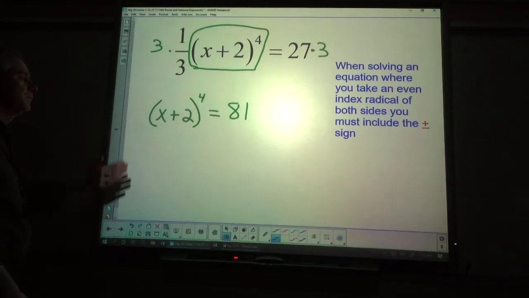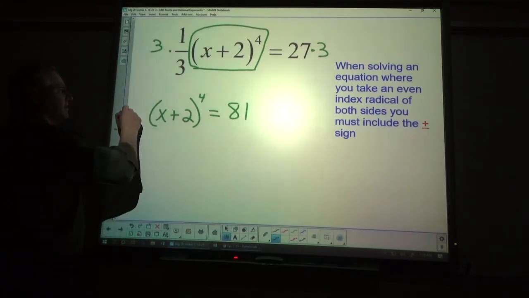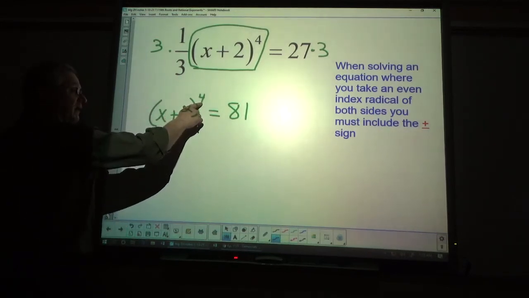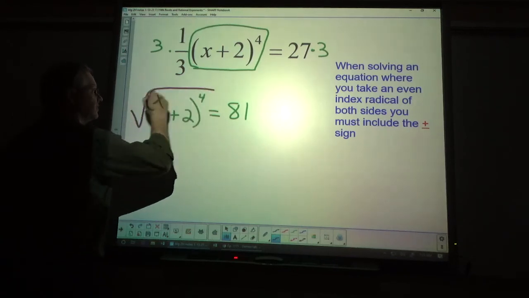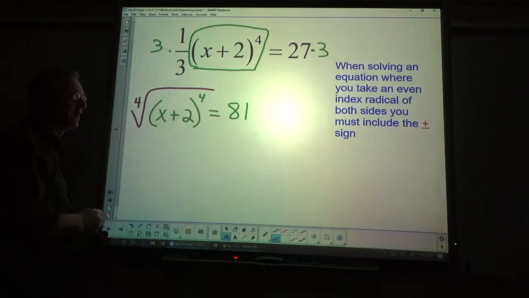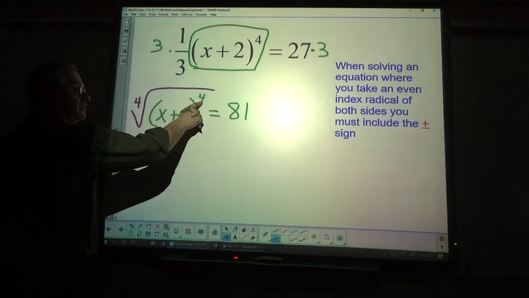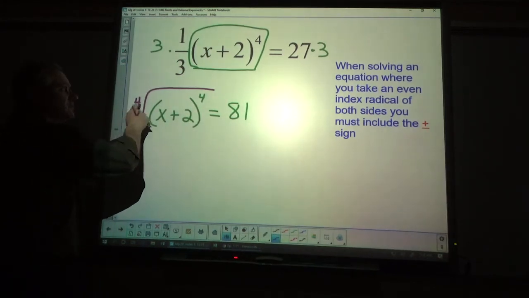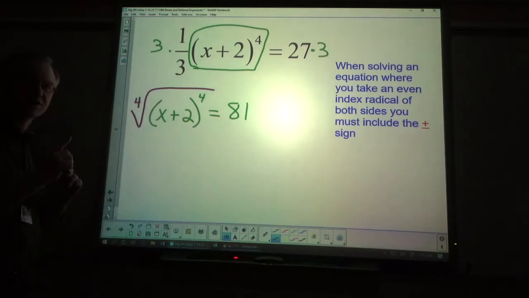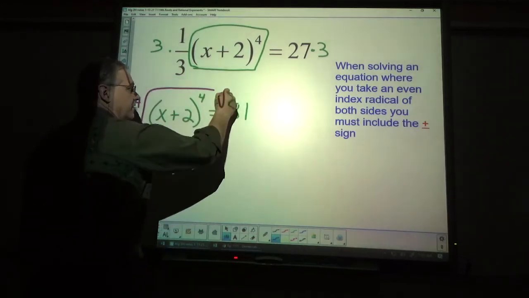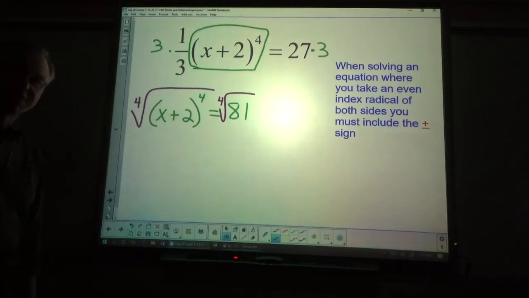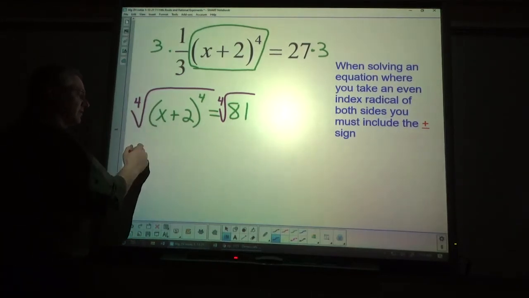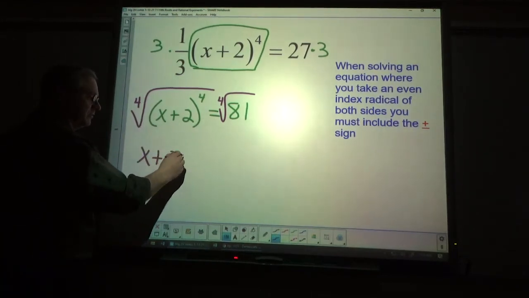All right, so to get rid of the fourth power, I'm going to use the fourth root. If this were a cube root power, I'd use a cube root. So a 3 and a 3. The root and the exponent cancel each other out if they're the same. Have to do the same thing to both sides. Here, I'm going to get x plus 2.